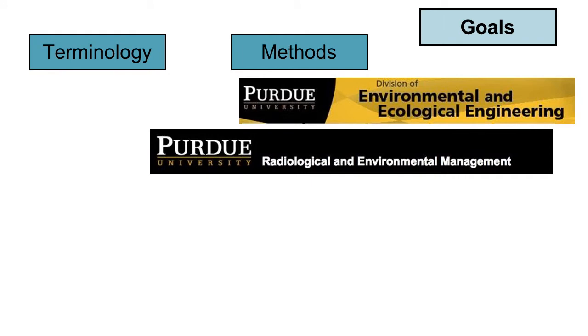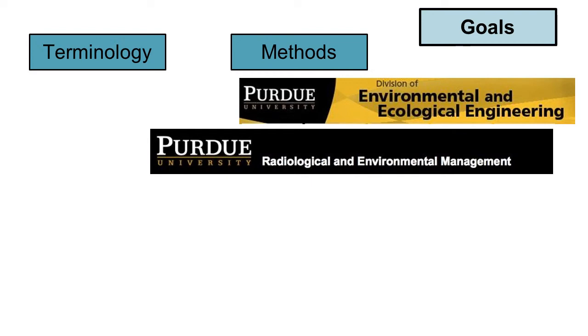Regardless of what happens, we mainly want to increase your awareness when you're working in the lab. We want you to think about your potential impact on the environment a little more than you did before we came. So we're from Environmental and Ecological Engineering, or EEE, and we're working with REM, or Radiological and Environmental Management, at Purdue to solve the problem of lab waste here.